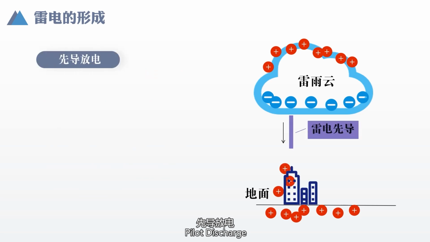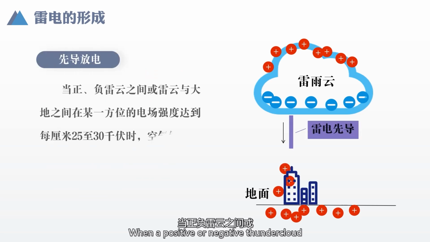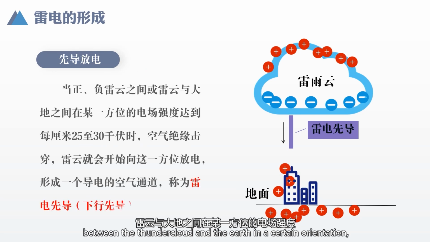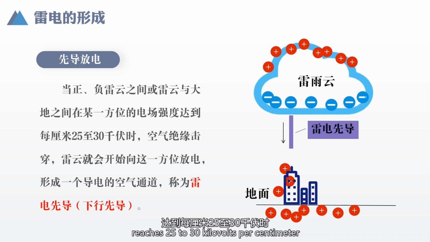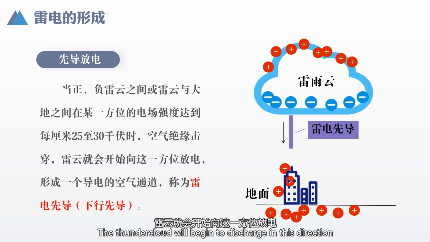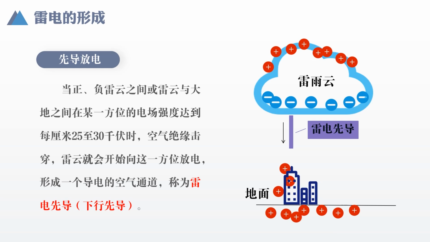Pilot discharge. When the electric field strength between the thundercloud and the earth in a certain orientation reaches 25 to 30 kilovolts per centimeter, the air insulation breaks down. The thundercloud will begin to discharge in this direction, creating a conductive air channel known as a lightning pilot.